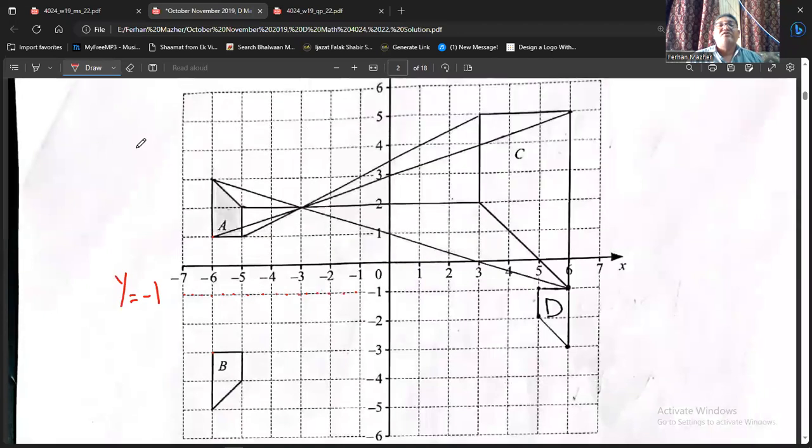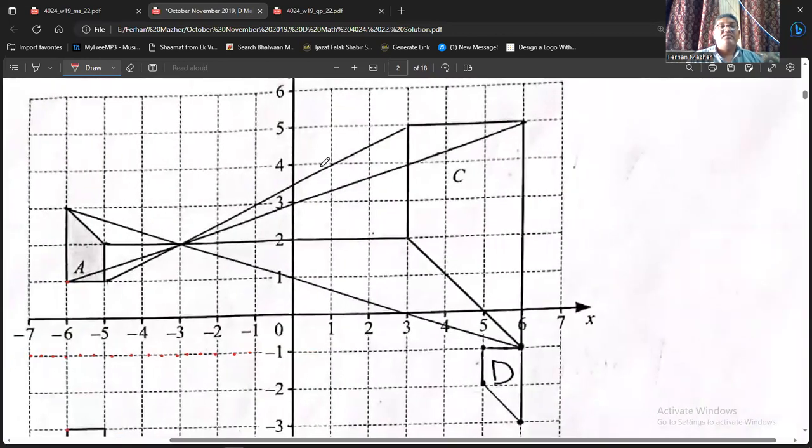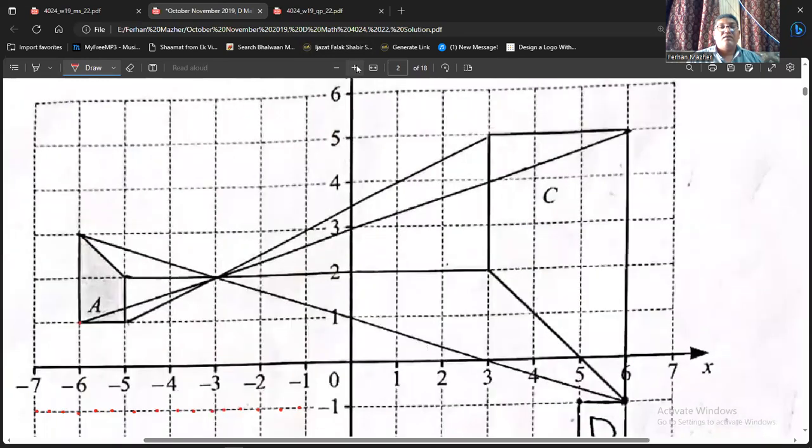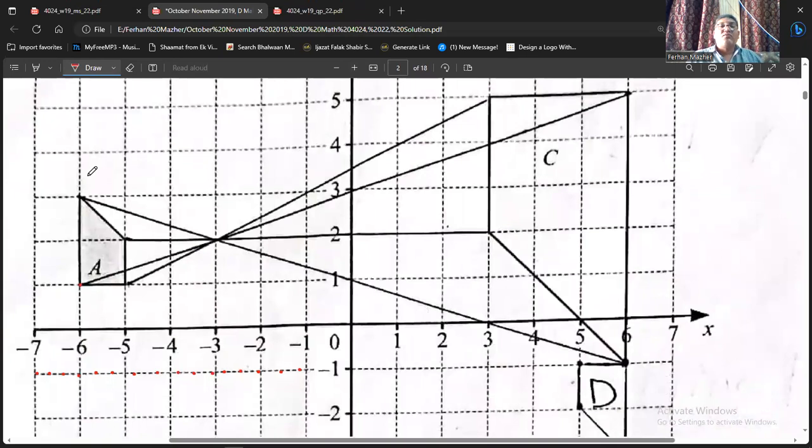So what I will do, I will join the same points. Let me increase the size so you can see it more clearly. So we will join the corresponding points.